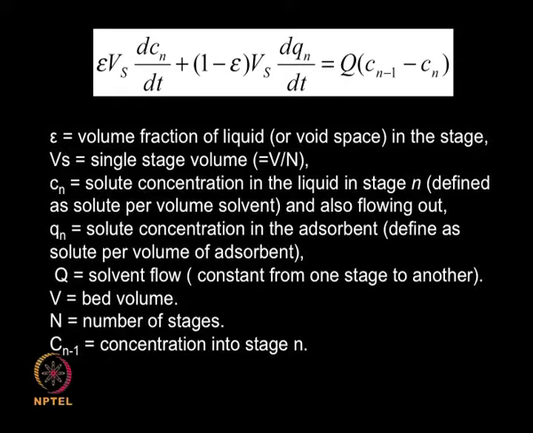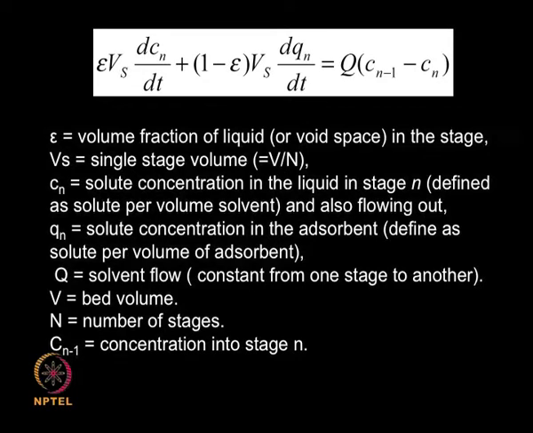Suppose there are N stages, the single stage volume will be V by N. We multiply by the voidage because there are solids present inside. So epsilon times Vs is the volume of the liquid space inside a stage, multiplied by dCn/dt. This is the accumulation of the solute in the liquid part inside a stage, plus there is accumulation in the solid part also.